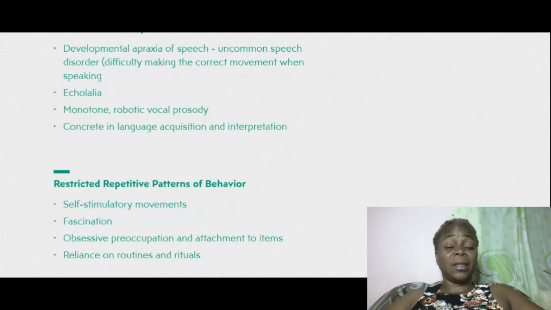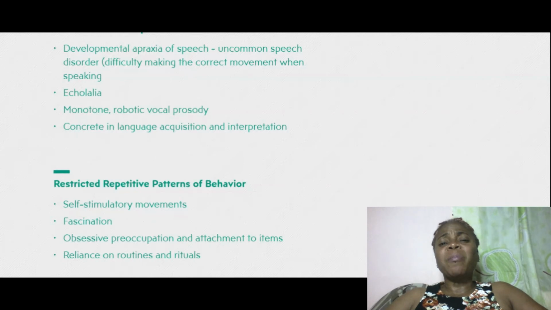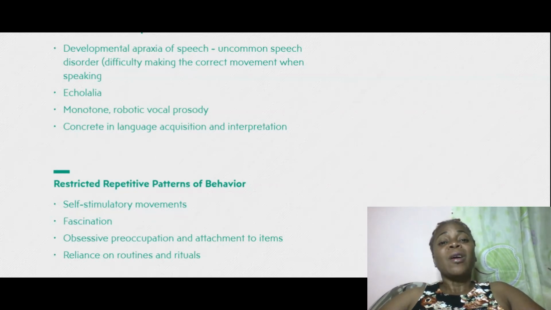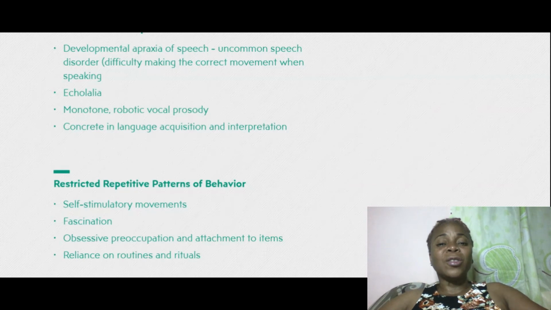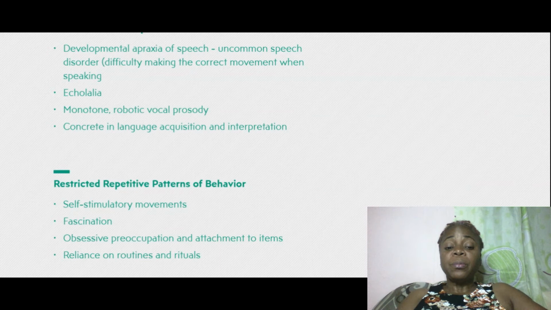Structure is important to facilitate a child diagnosed with autism spectrum disorder. And please be reminded that it is a spectrum disorder because the spectrum moves from mild to severe. So the child can have autism spectrum disorder mild, moderate, or severe.